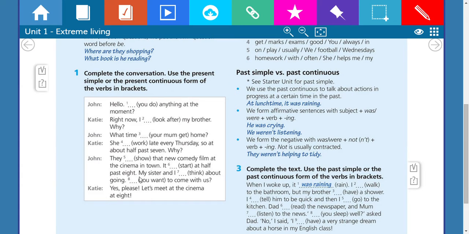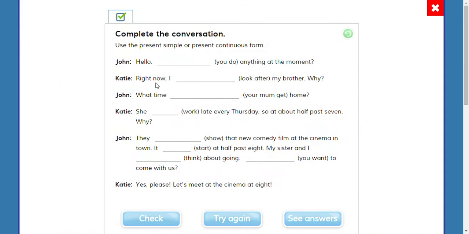Here we have an activity. Maybe you can check on your book, or we can do it. Let's see. Use the present simple or present continuous form. Hello, what do you do? At the moment. In this moment. It's continuous. So hello, are you doing anything at the moment?